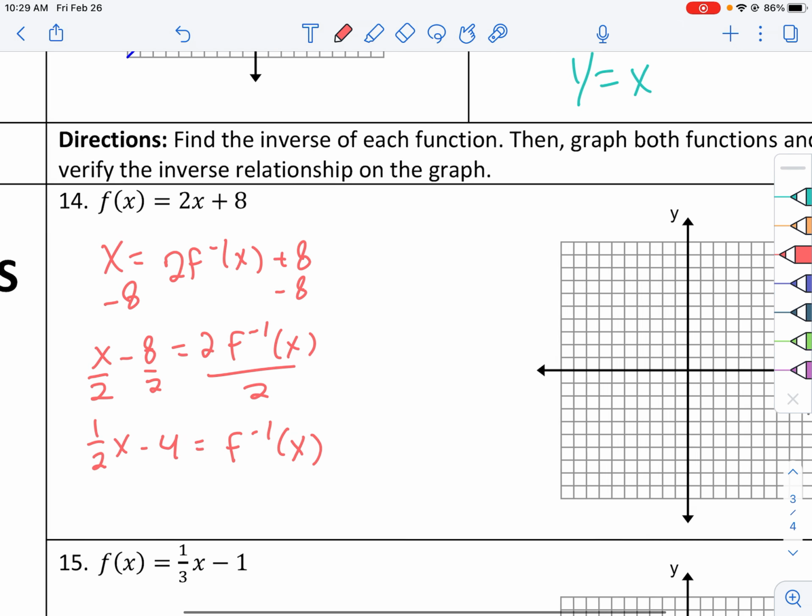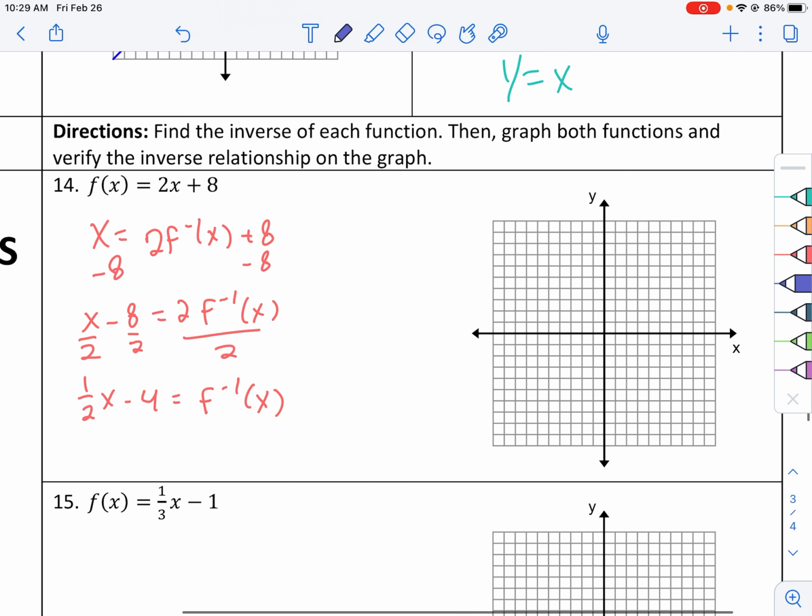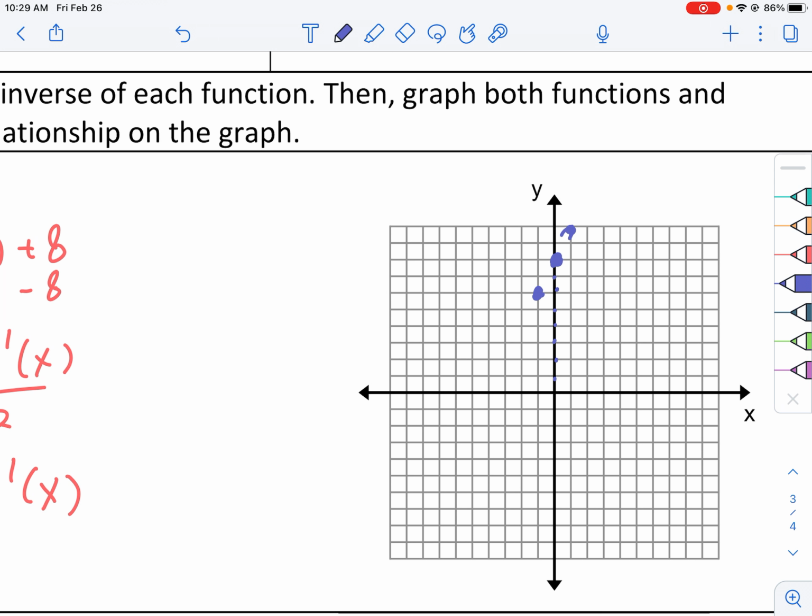Okay? So you take a look at this. Let's graph the original function. We'll graph that in the purplish blue here. So it's positive 8. 1, 2, 3, 4, 5, 6, 7, 8. We're going up 2 to the right 1, sorry, or down 2 to the left 1, depending on how you look at that slope. So then we're going down 2 to the left 1.